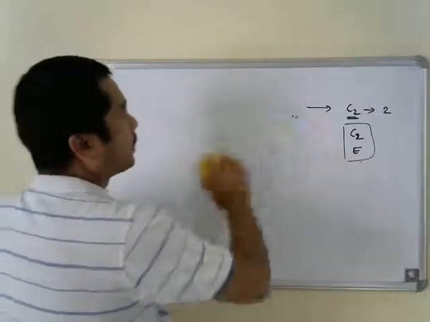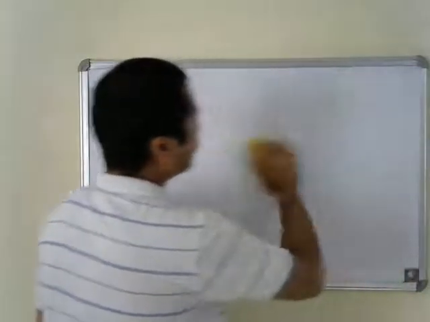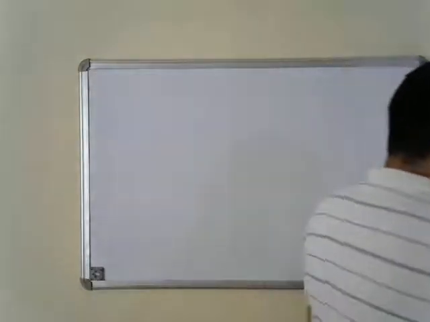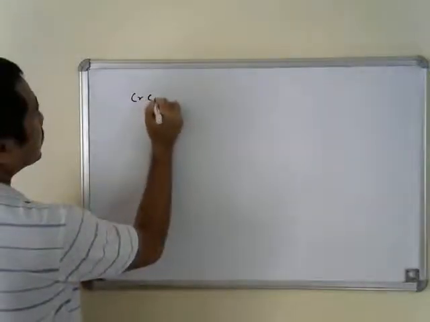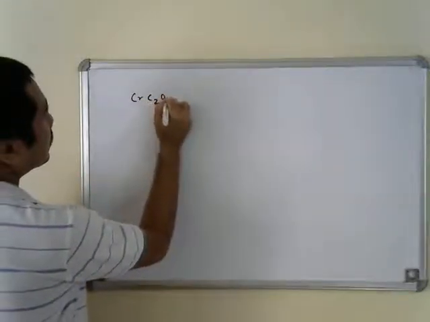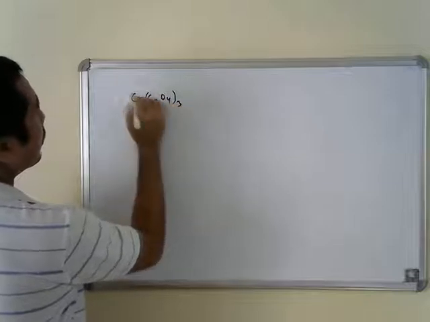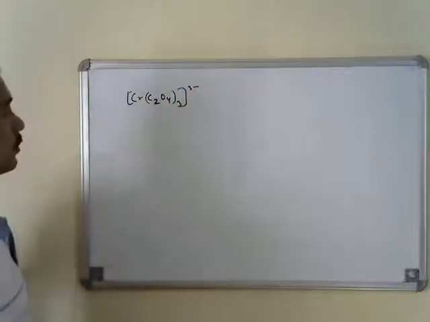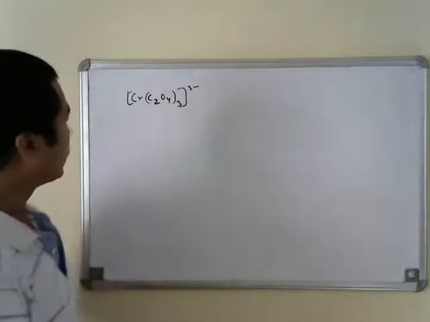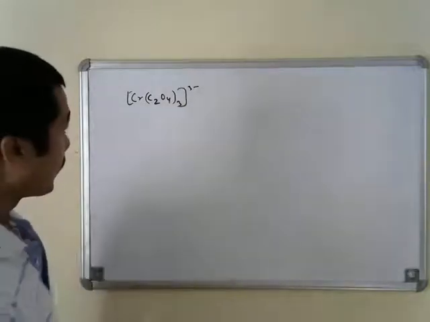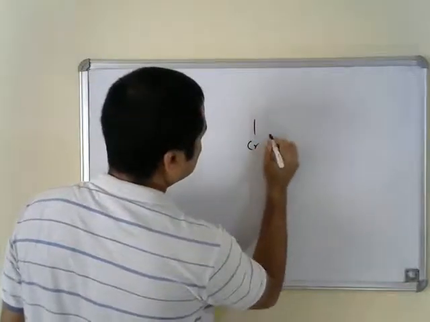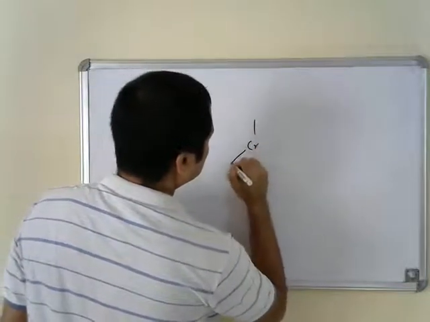So let us now try to find the point group of a slightly more complicated structure, that is, if we take the trisoxalato chromate ion and try to find out its point group. Let us draw the structure of this compound.